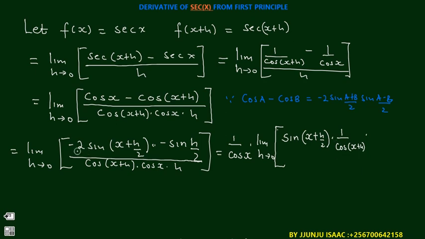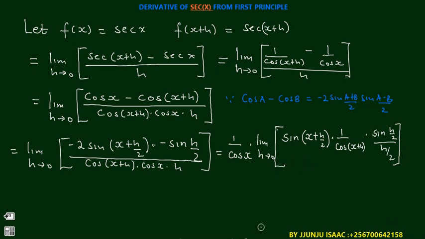So I'm left with this 2 here, sine h over 2, and this h. So I can combine them. I say times sine h over 2 over h over 2. And you know the implication of that.